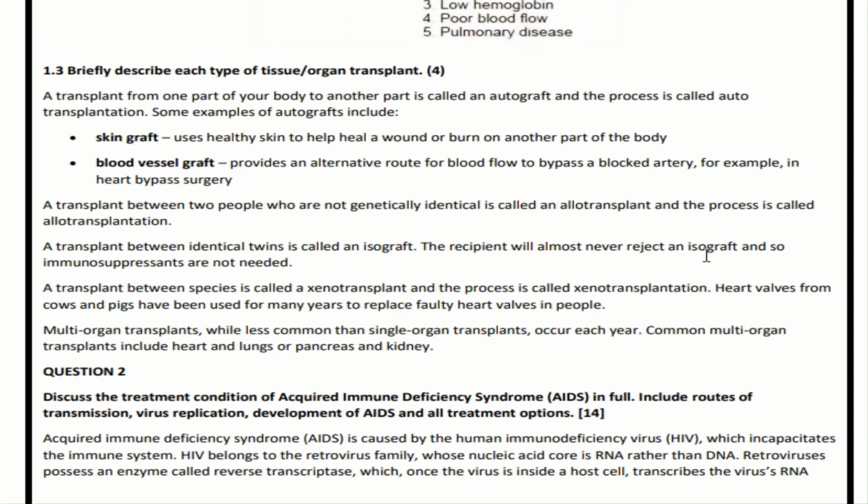Transplant between species is also called xenotransplant, and the process is called xenotransplantation. Heart valves from the cow or pig have been used for many years to replace the faulty heart valves in the people. So these are the four types of tissue or organ transplant, which is autograft, allotransplant, isograft, and xenotransplant.